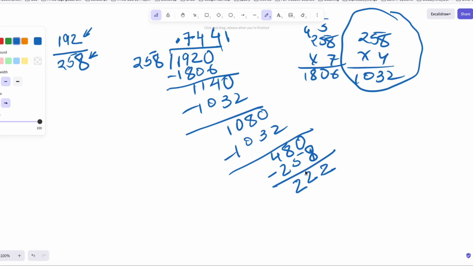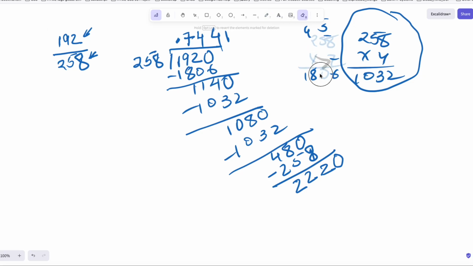Now 222 is less than 258, so 258 will not go into 222 until and unless you find a way to make 222 bigger. How do you do that? Give yourself just one free zero, and it becomes 2220, which can definitely accommodate 258. But the question is how many times?